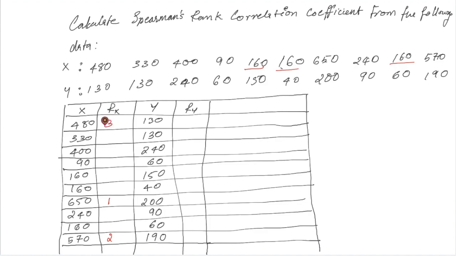Then 4 will be 400. 5 will be given to 330. 6 will be given to 240.